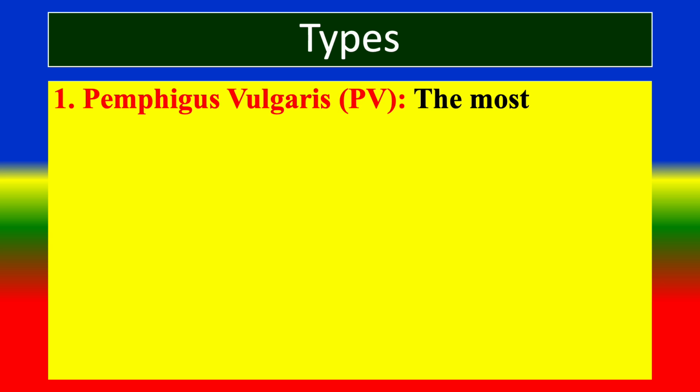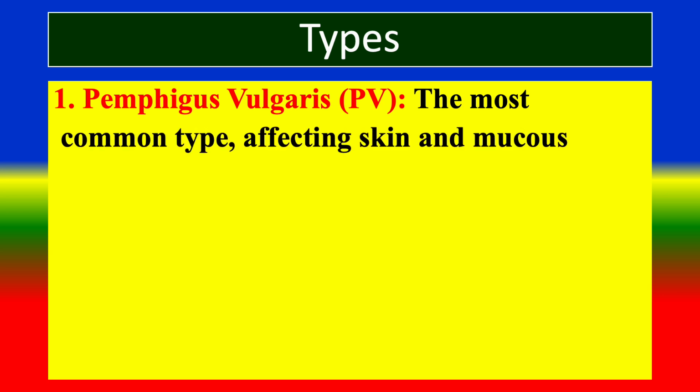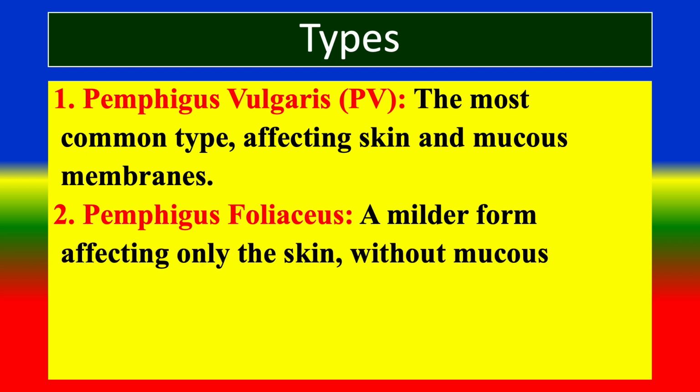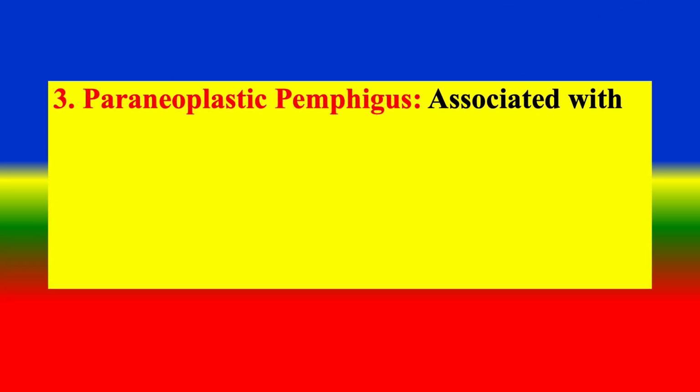Types: 1. Pemphigus vulgaris, the most common type, affecting skin and mucous membranes. 2. Pemphigus foliaceus, a milder form affecting only the skin without mucous membrane involvement. 3.